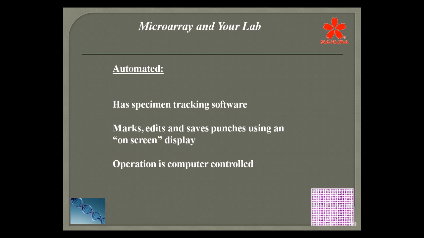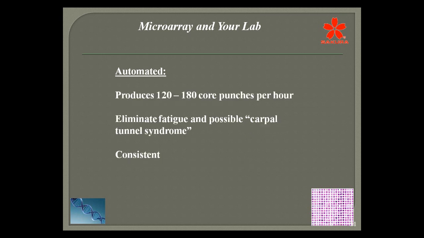Automated, it has a special specimen tracking software. It will actually mark, edit, and save punches using an on-screen display, which is a pretty nice feature. The operation is computer controlled, and it can produce 120 to 180 core punches per hour.